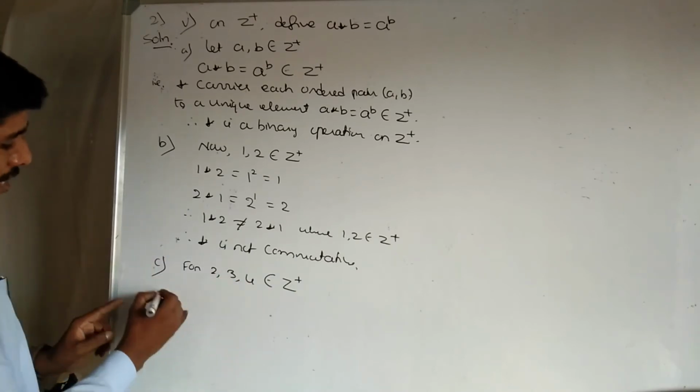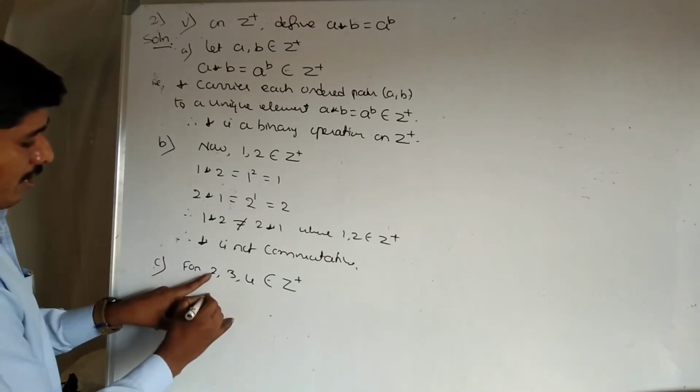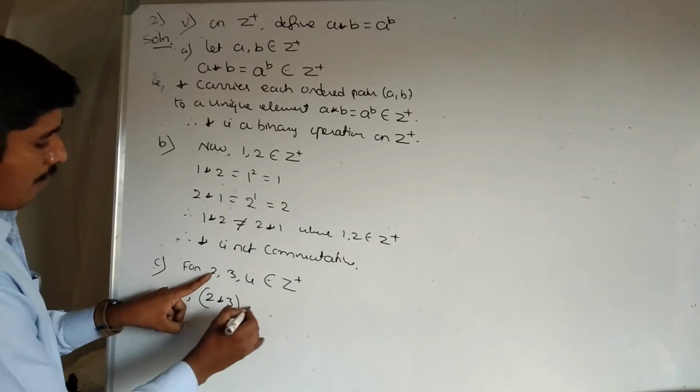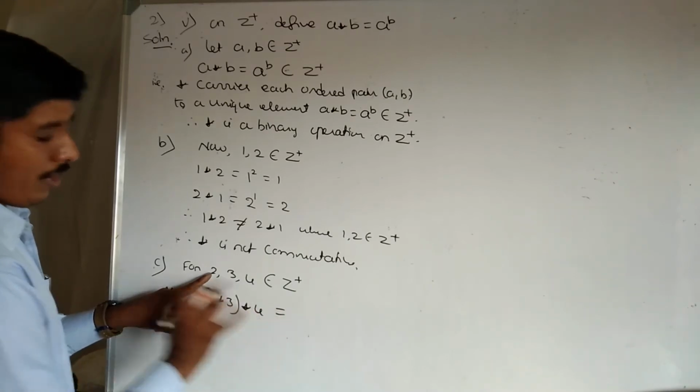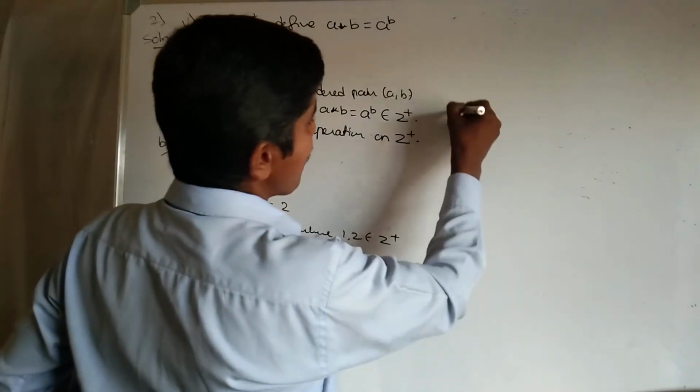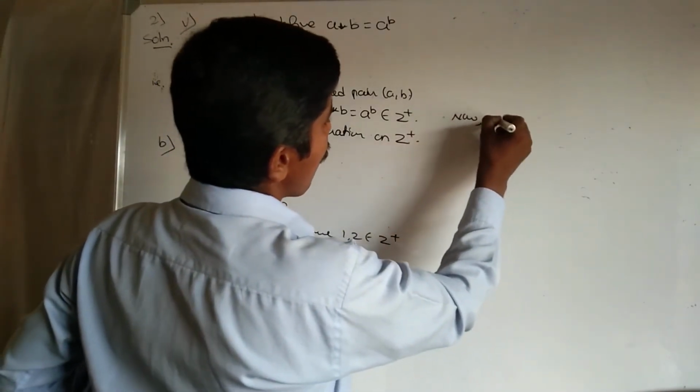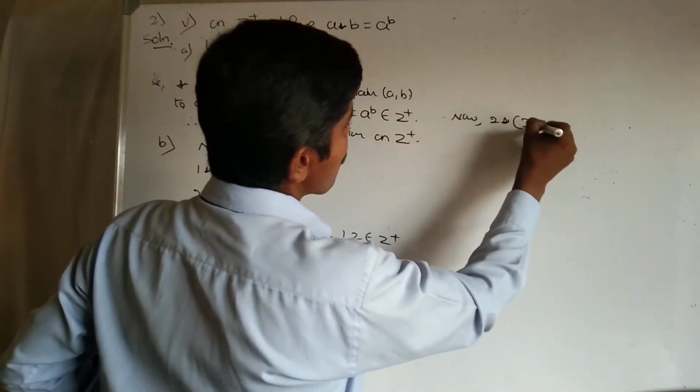A star B, then star C. Here (2 star 3) star 4 is the LHS. Next, the RHS is 2 star (3 star 4).